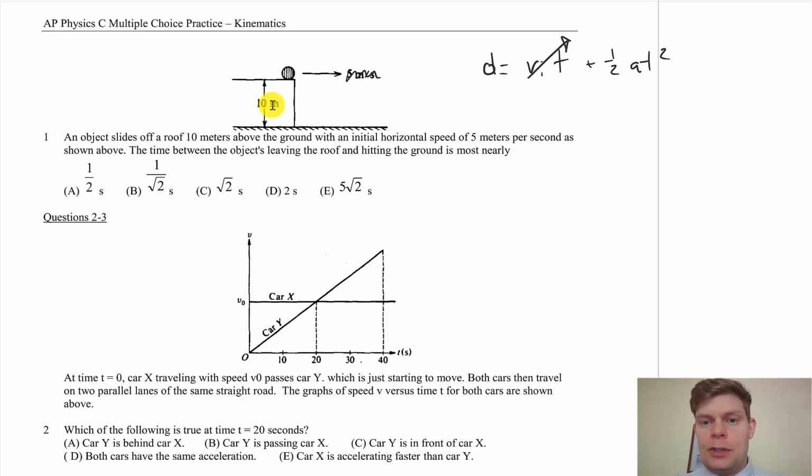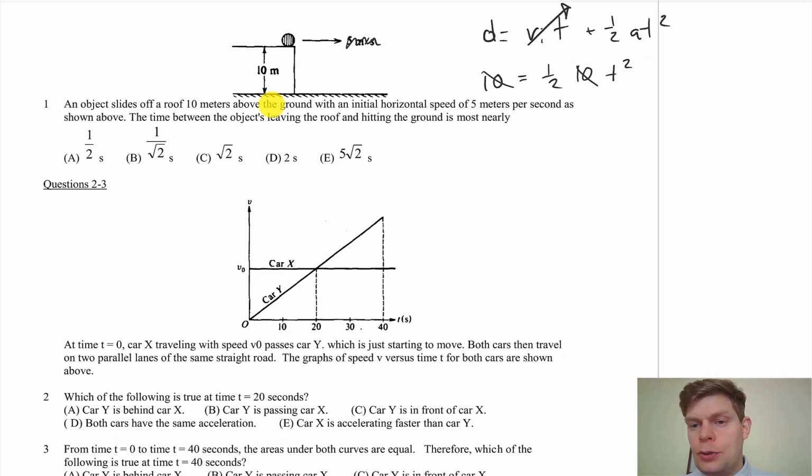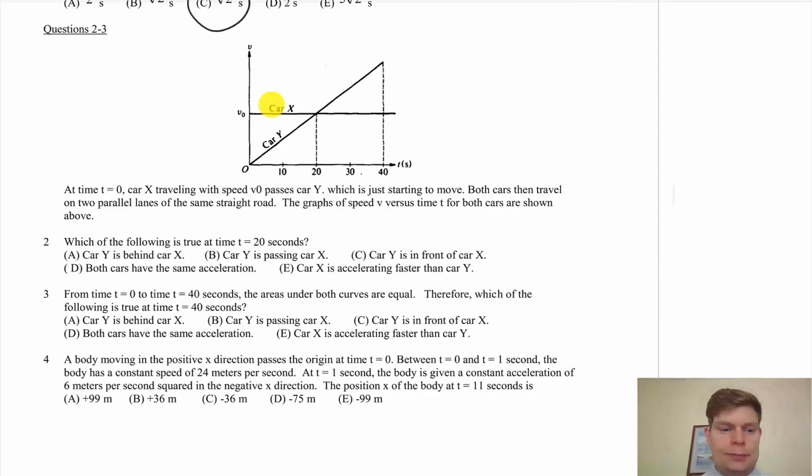My displacement, by the way, I'm making down positive just to make everything delightful. So it went down 10 meters and it's accelerating at 10 meters per second squared, t squared. So really, I can cancel out my 10s, multiply both sides by 2, and basically t just equals root 2. Once you're done, do a little algebra on this guy and it'll come right out. So that's how you do that.